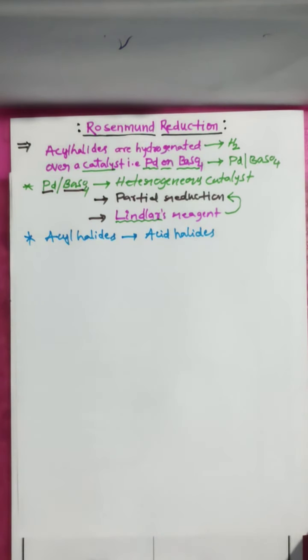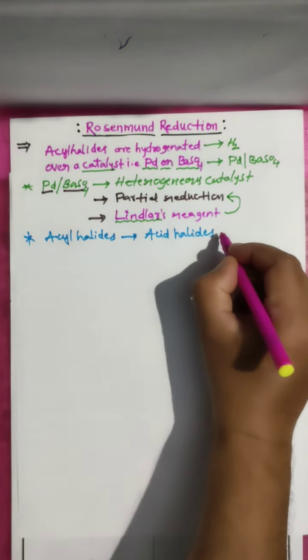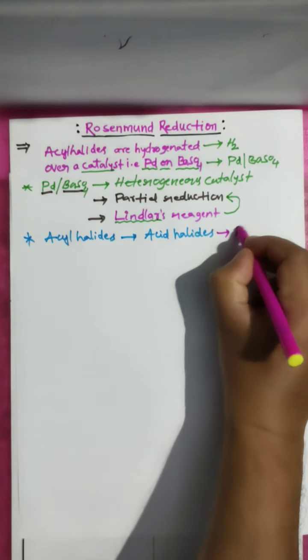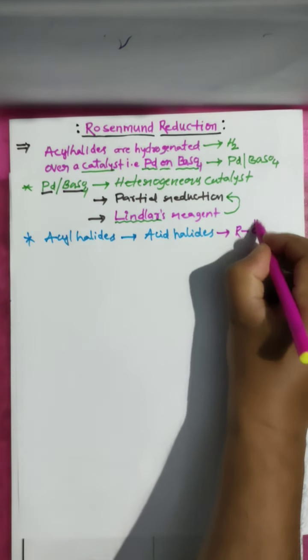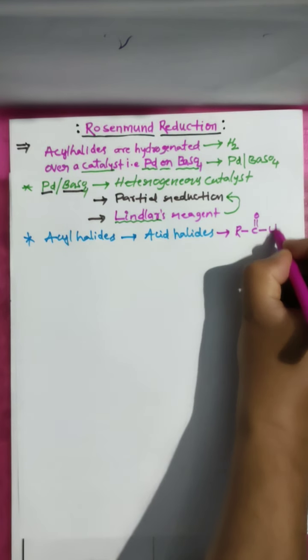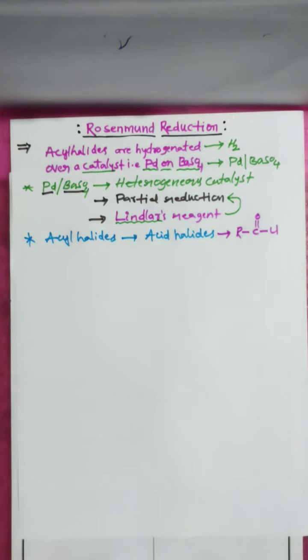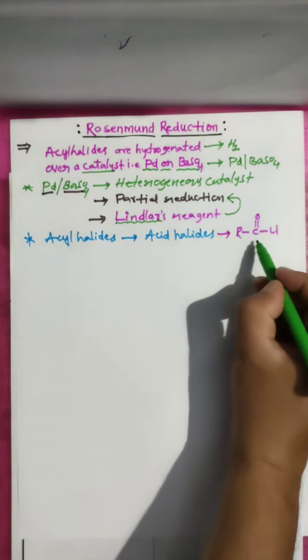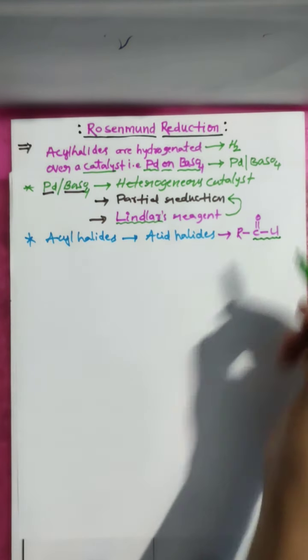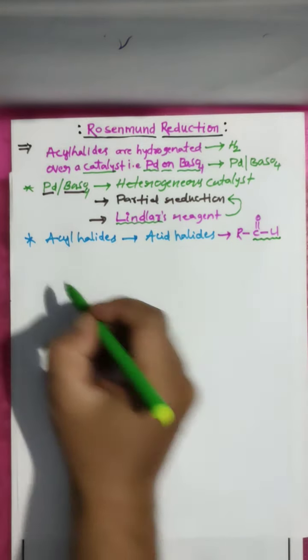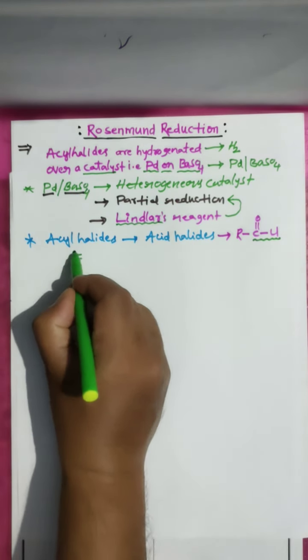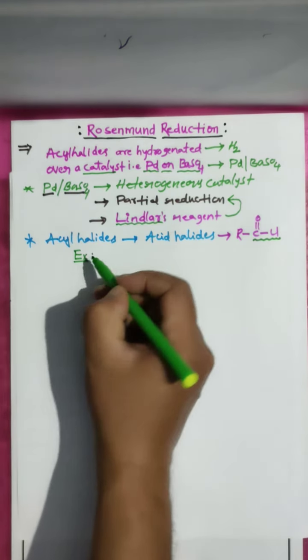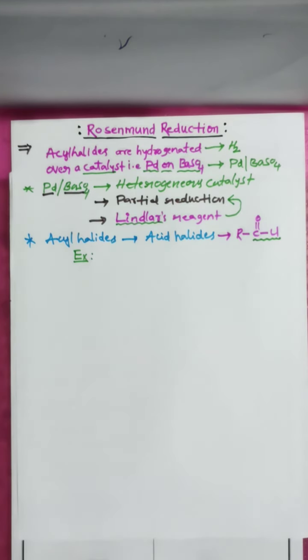The functional group of acyl halides we depict as R-C double bond O-Cl. For example, acyl chloride. And this is the acyl chloride group, COCl.